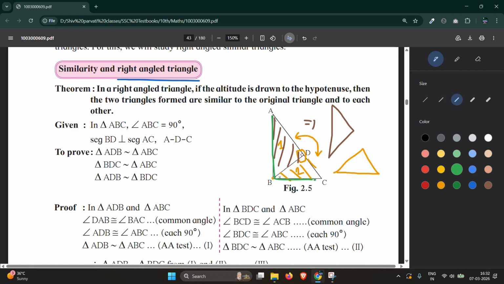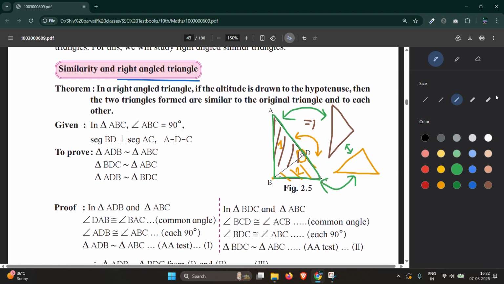So the theorem says that all these three triangles are similar to each other. This small triangle is similar to the original triangle. This other small triangle is also similar to the original triangle, and these two smaller triangles that were formed are also similar to each other.